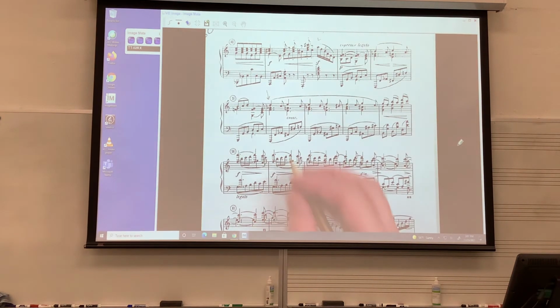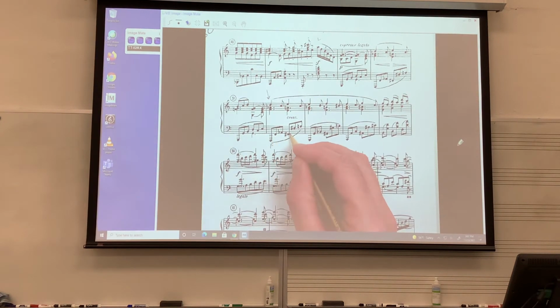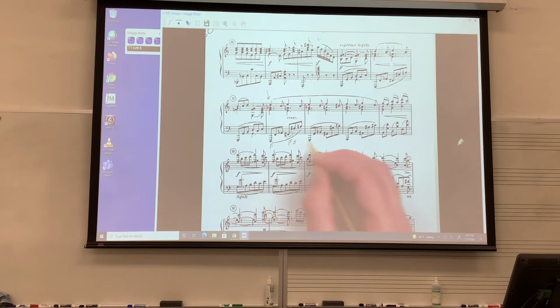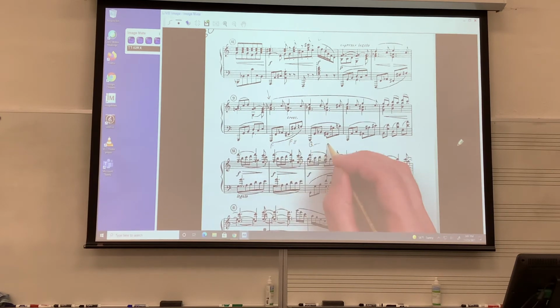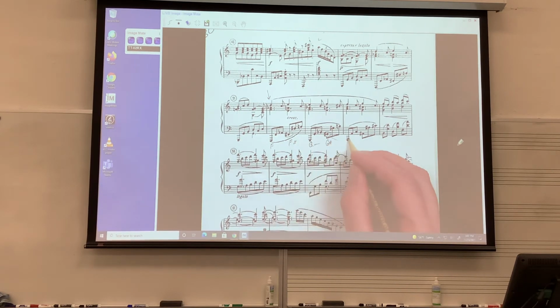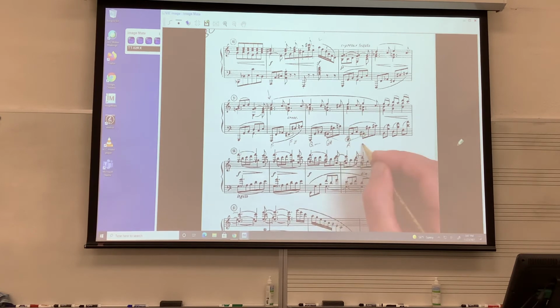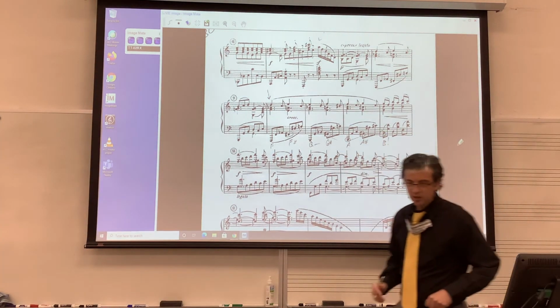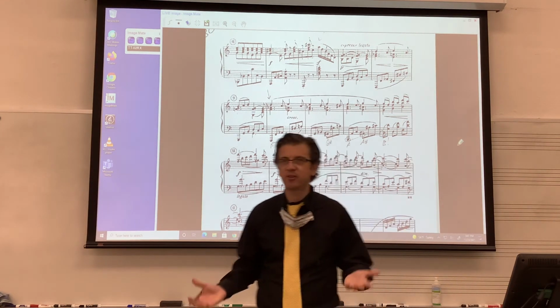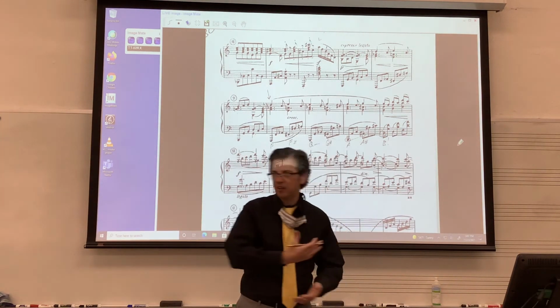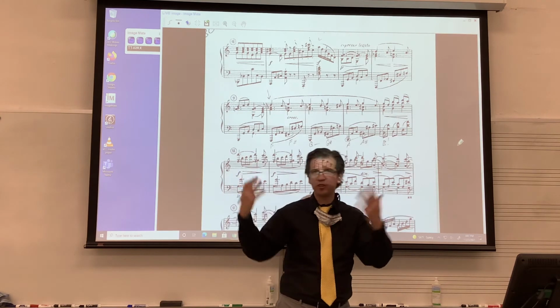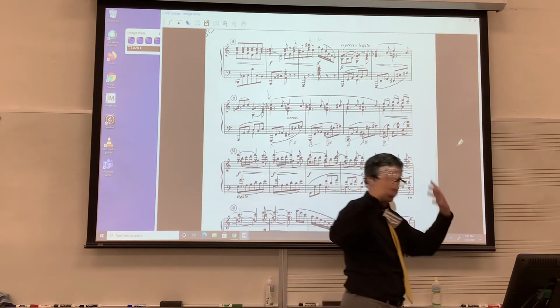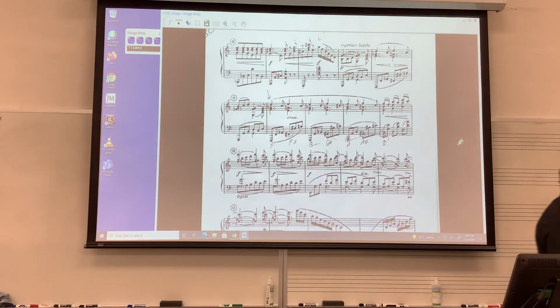We have F, F sharp, G, G sharp, A sharp, B. We have this rising chromatic bass, right? Giving it a sense of ecstasy, moving upwards, joy, jubilation as it rises and rises.